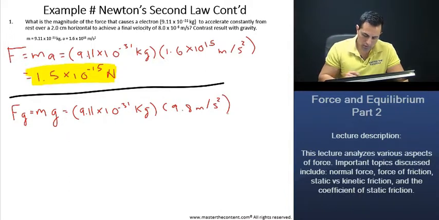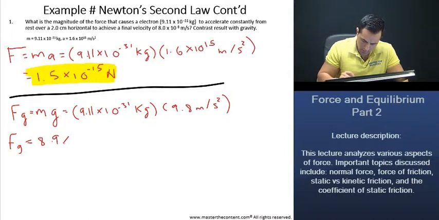And now once you go ahead and equate this, you find that your value is going to be 8.9 times 10 to the power of negative 30 newtons.